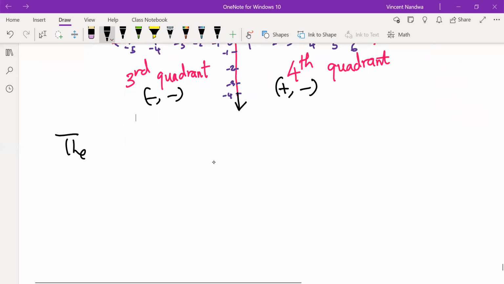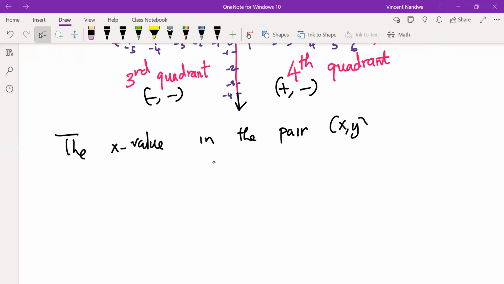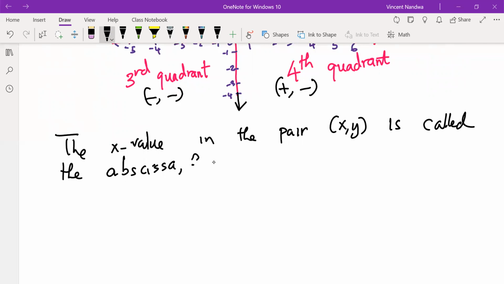So the x value in the pair is called the abscissa or first coordinate or x coordinate.